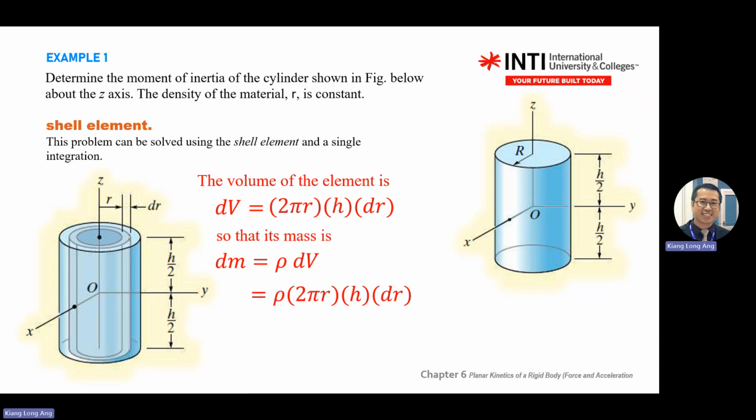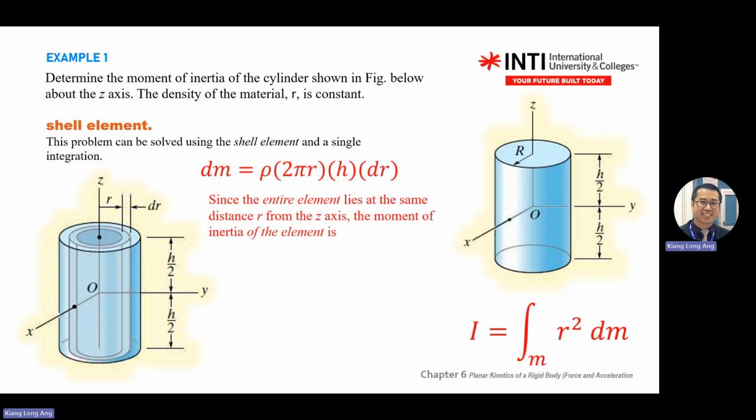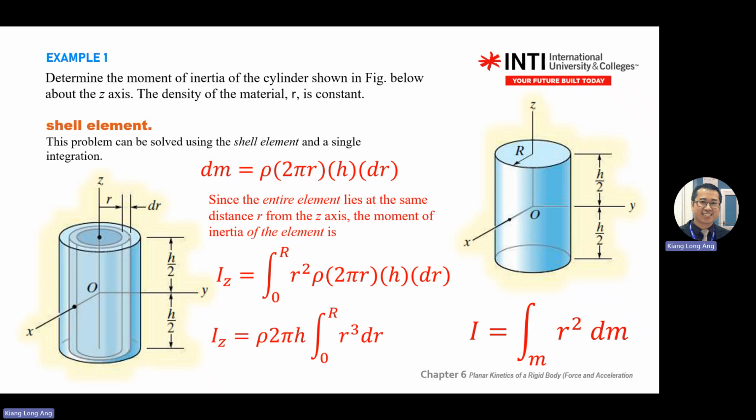Then you put it inside the inertia equation, I equal to integral of r squared dm. Then you get the answer. This is the full answer for example 1. Then you do the integration. These are the steps of your integration. You know that is dr.